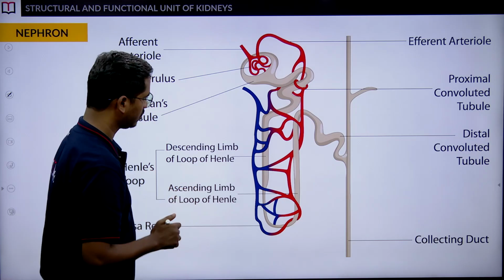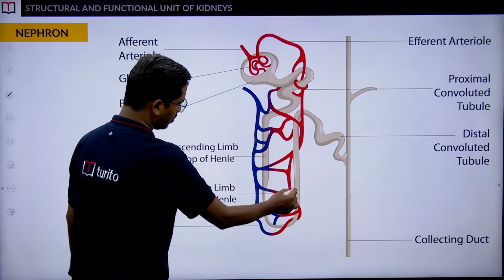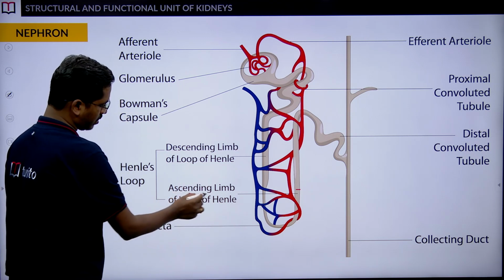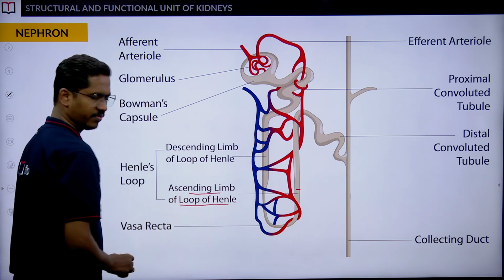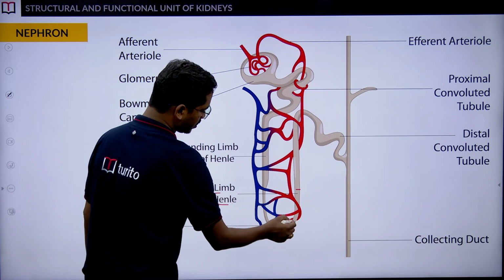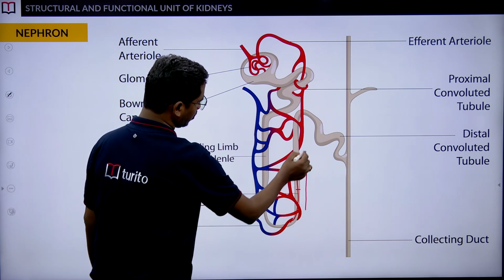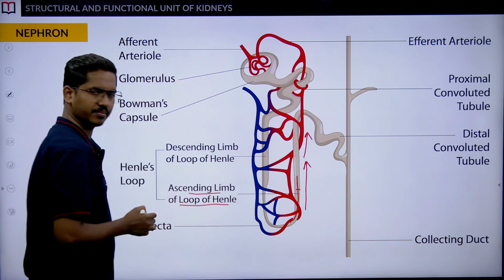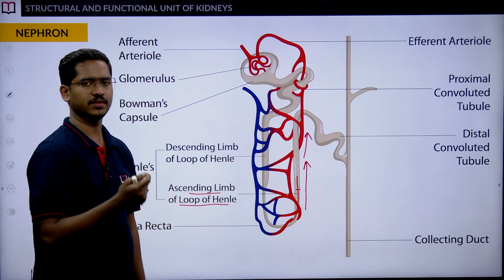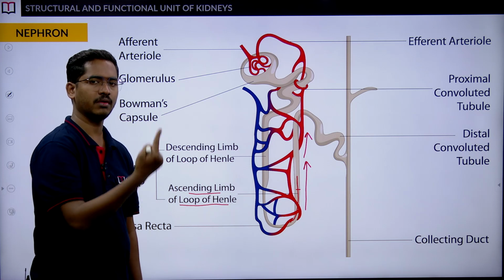Let's move forward. I was referring to this loop, which is actually the ascending limb of the loop of Henle. Ascending in the sense that the substance inside would be going up, travelling upwards.